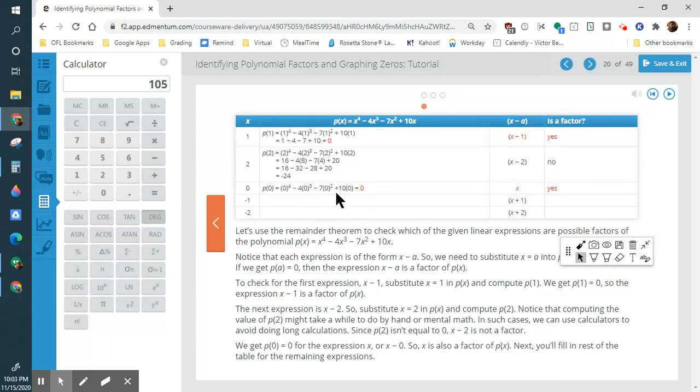If we plug in x, how are we plugging in an x here? Oh, I see. X minus 0. So that means we have to plug in a 0 because we're subtracting 0 here. There's nothing here. So 0 is a factor. And so on and so forth for the other ones. So you can always plug those in. All right, so that's what we learned from this.